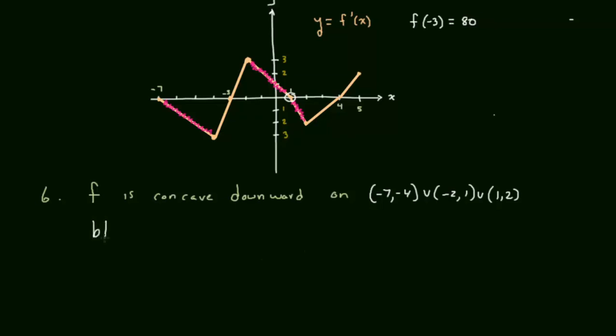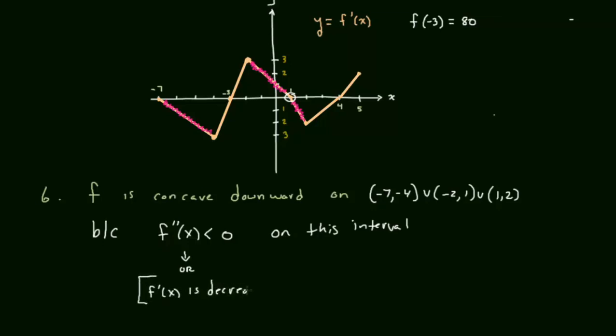Reason here, again, is because f double prime of x is less than 0 on this interval. But we could also, as an alternate, some people prefer this one, is to say that f prime of x is decreasing. That's really what you're looking for. So you can use either or both.